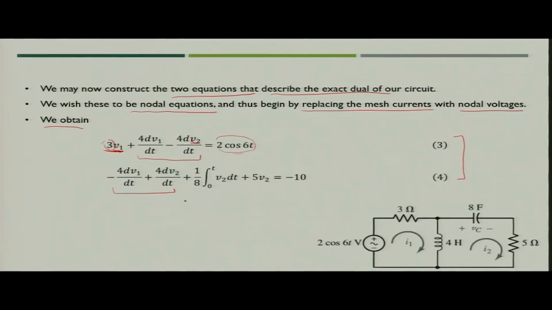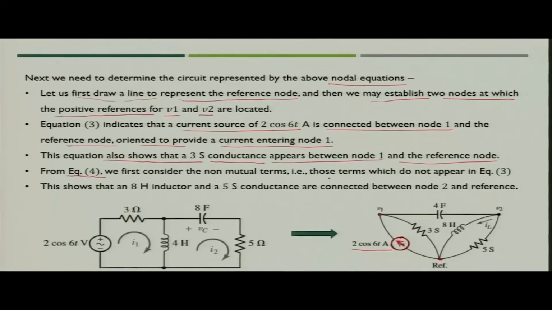So, first let us concentrate on those terms which are not common to both nodes. These are nothing but values of currents, and they correspond to an 8 Henry inductor and a 5 Siemens conductance, which are connected to only node 2.